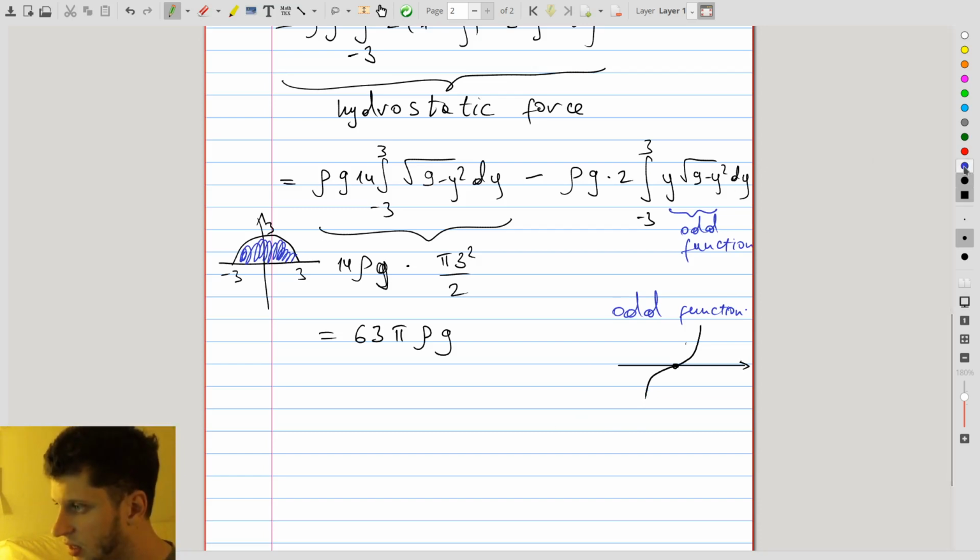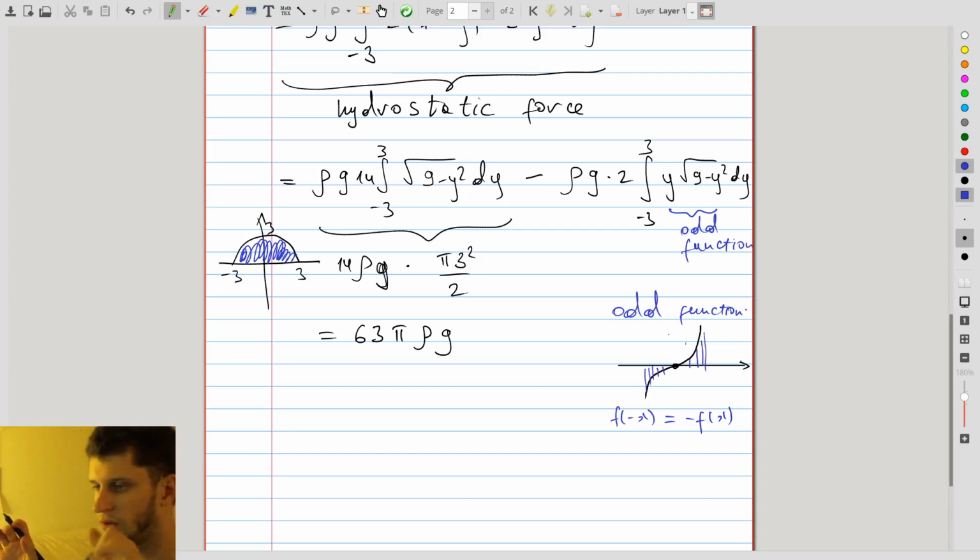Now, what's the idea here? An odd function satisfies f of minus x equals minus f of x. So that means that this area here is equal to this area here.